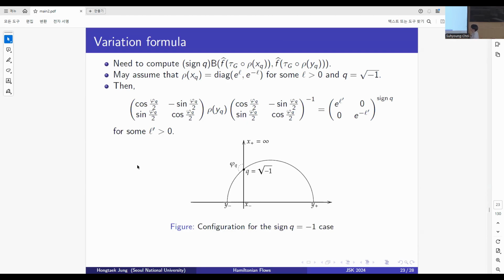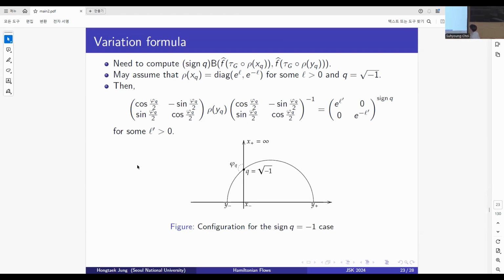And because B is not ad-invariant, we just take the global conjugation so that this guy sits inside the positive Weyl chamber. And we take a further conjugation so that the intersection happens at the unit imaginary point.